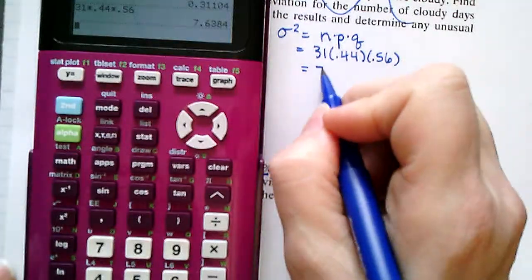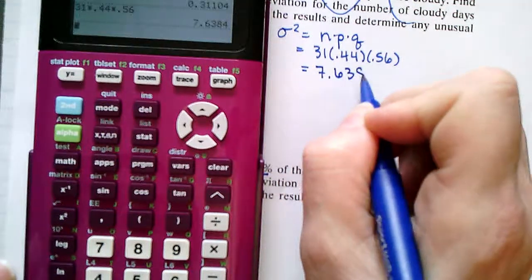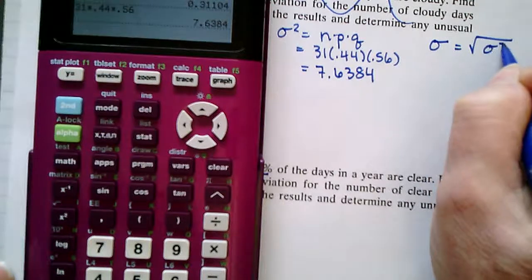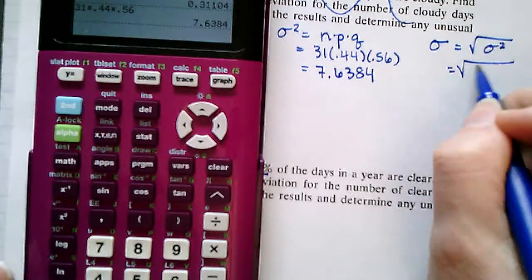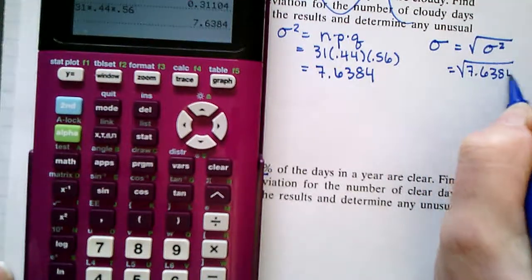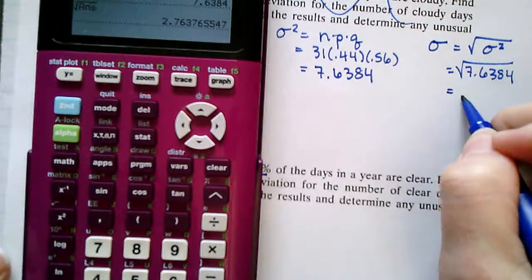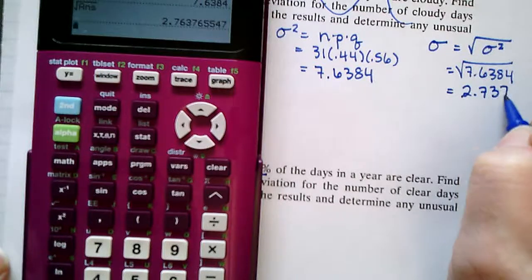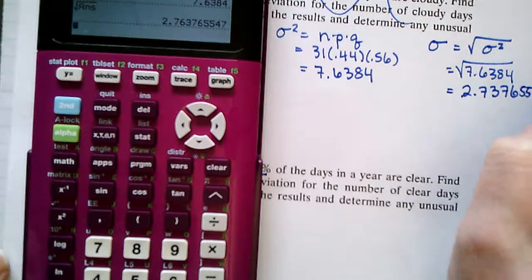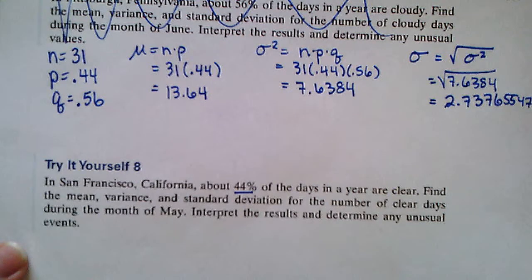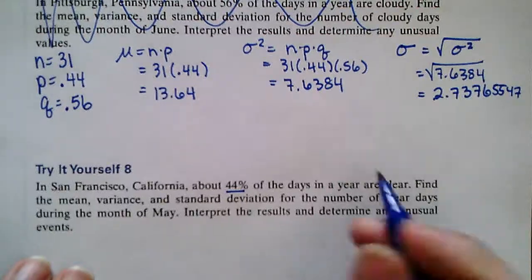So that is 7.6384. Standard deviation will be the square root of variance. So square root of 7.6384, which will be 2.7376547.